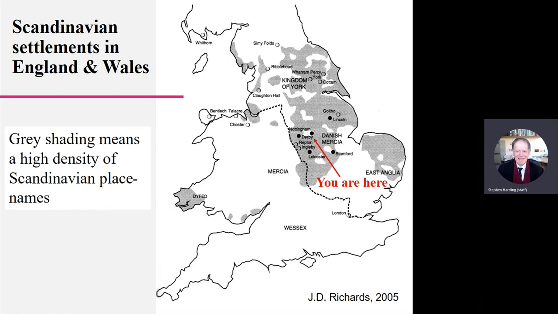And Yorkshire, Lincolnshire, East Anglia. These are mainly Danish in origin, because the Danes came over from the east and they settled in great numbers in the so-called Danelaw.